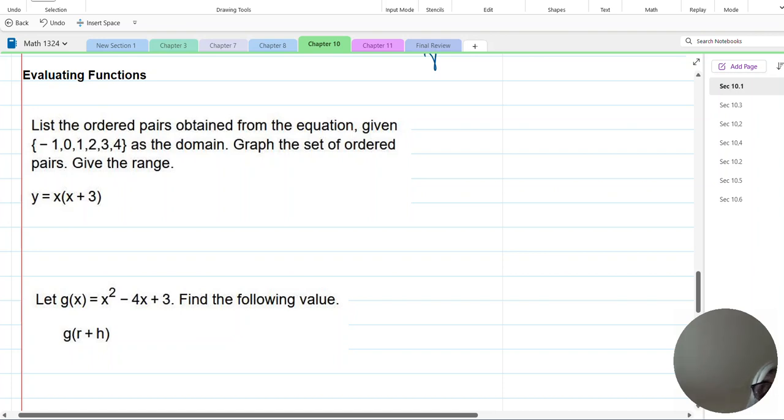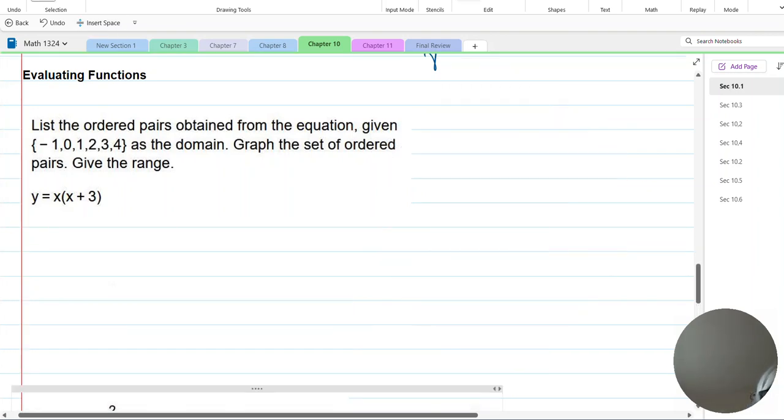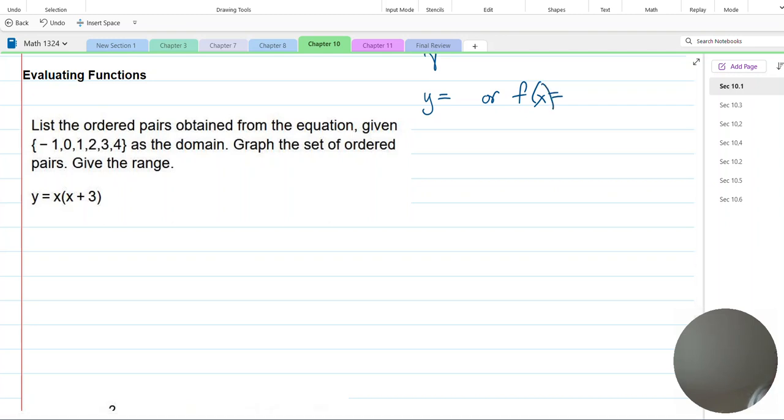Talking about evaluating functions. A function is in the form of y equals or f of x equals. And we're inserting values to find the ordered pairs containing the given values. Then we want to graph the ordered pairs.